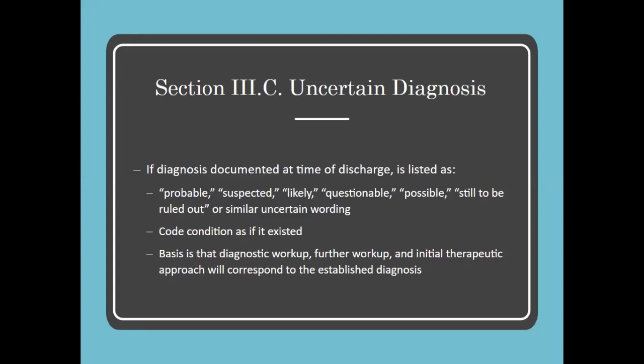The basis is that diagnostic workup, further workup, and initial therapeutic approach will correspond to the established diagnoses. So even though it's suspected or likely or questionable or possible, they're going to be following up on those treatments. So the diagnoses need to be listed in the discharge summary.